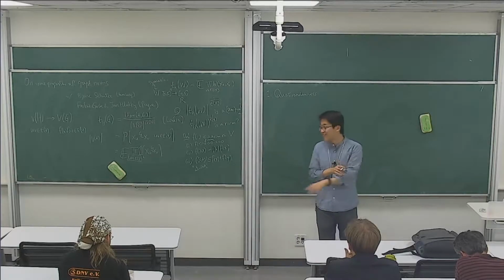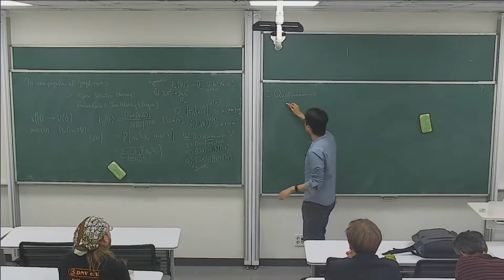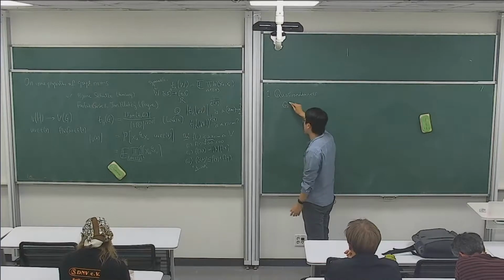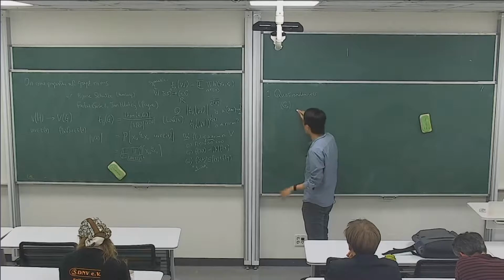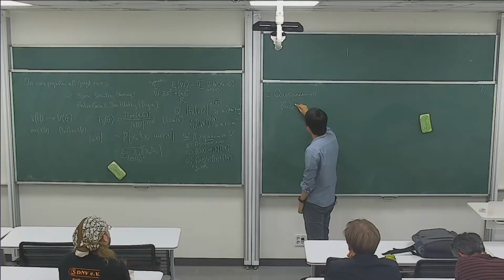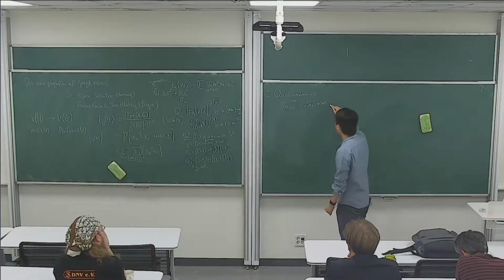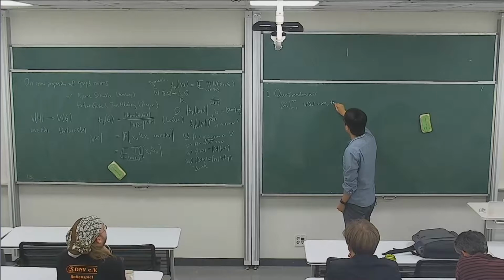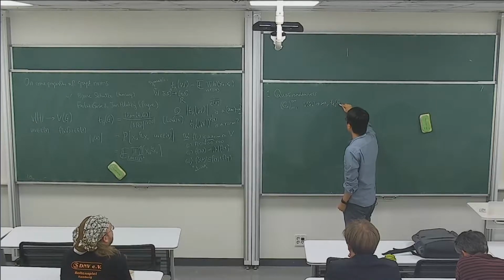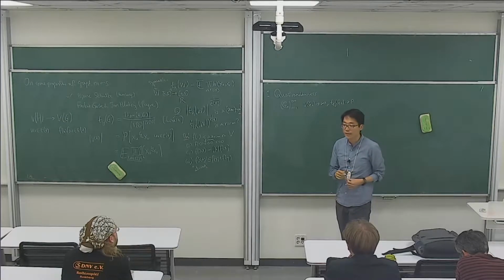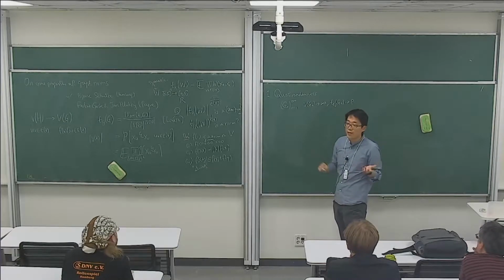So quasi-randomness is the following. Let me be rigorous. I have some graph sequence where my number of vertices goes to infinity, and say my edge density goes to p for some fixed value p.